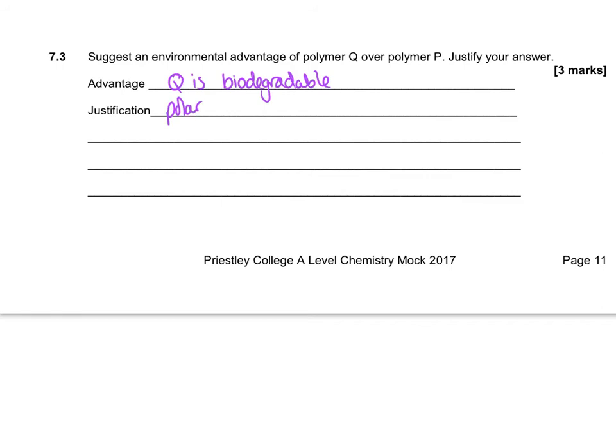So the polar C double bond O group, or we could say this is the delta positive carbon in Q and not P, therefore can be attacked by nucleophiles.